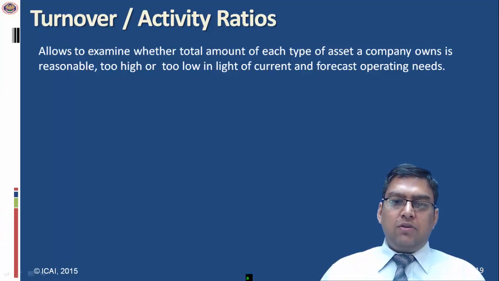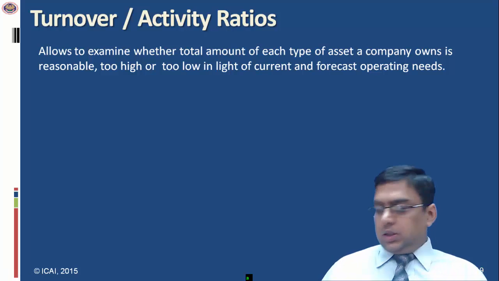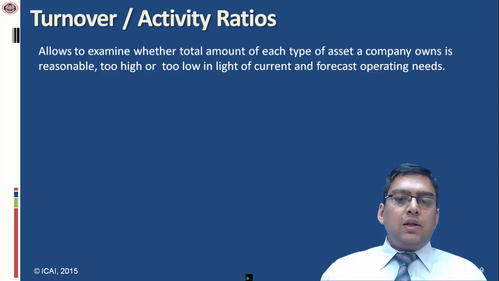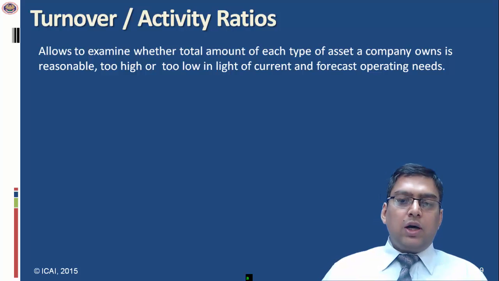Next is the turnover activity ratio. That allows us to examine whether the total amount of each type of asset a company owns is reasonable, too high or too low in light of current and forecast operational needs.